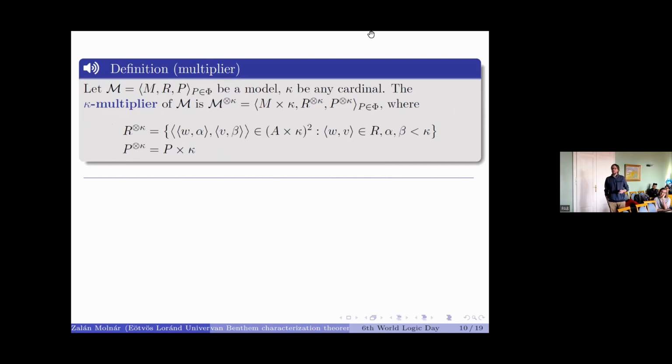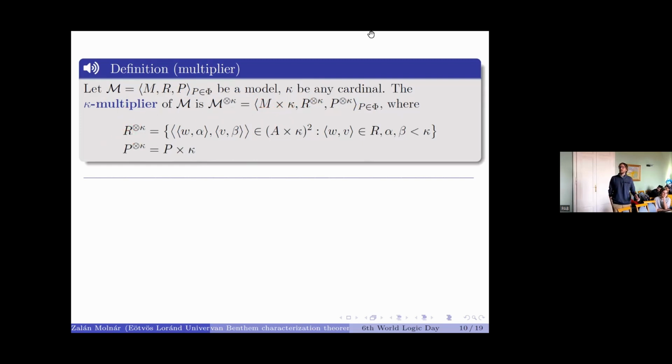Which is the concept of multiplier, which goes as follows. Given a structure for that language, we fix a cardinal kappa. The kappa multiplier of the structure is denoted by this, where the universe is M cross kappa.